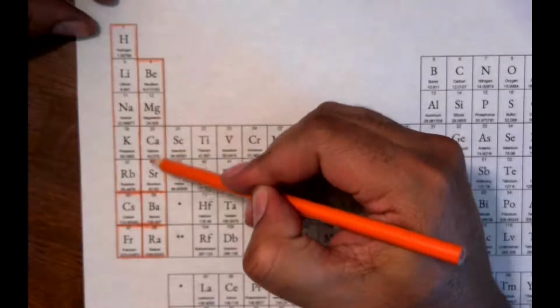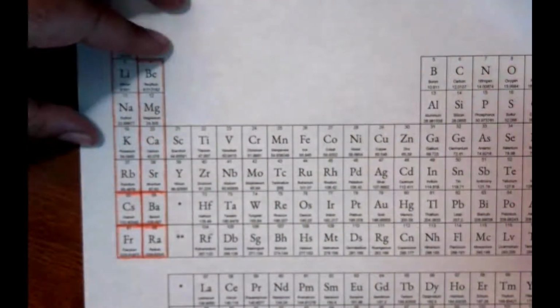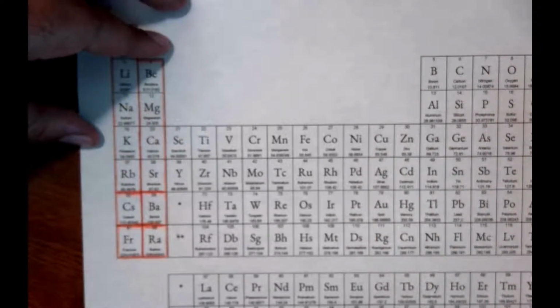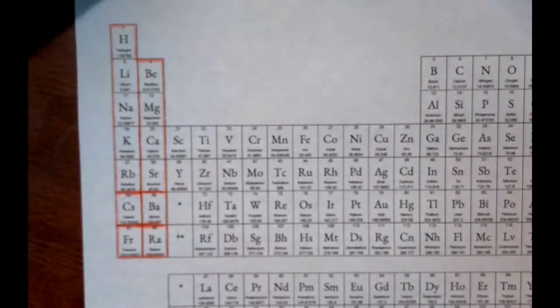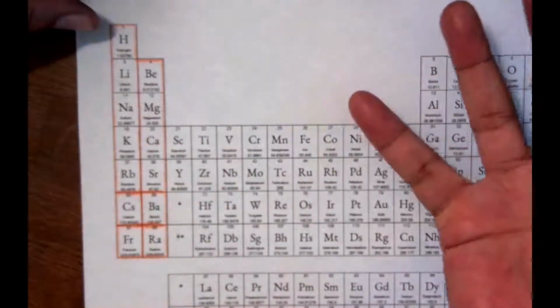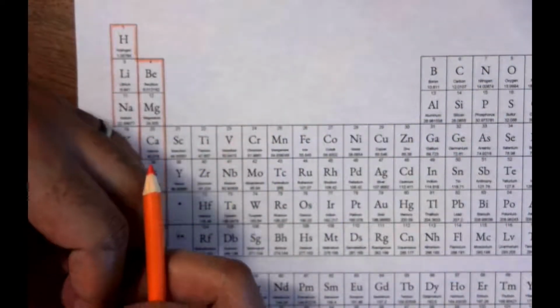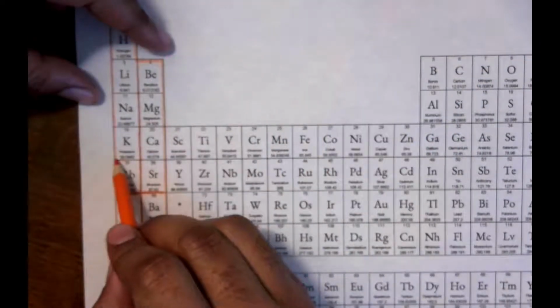And these elements here, the group 2 elements, including helium, let me get that one in, have 2 valence electrons. Now, we're going to explain this further, but trust me when I tell you, it makes much more sense for an atom to get rid of 1 or 2 electrons than it does to try to bring on 6 or 7 additional electrons. And like I said, I'll explain that a little bit later.